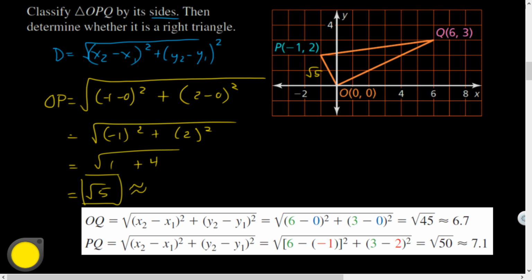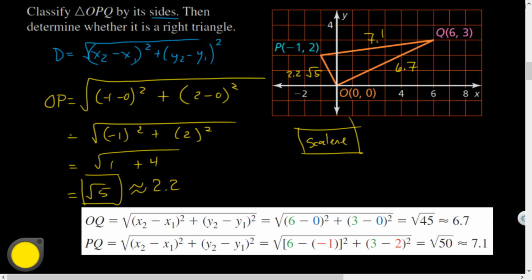So let's see. The square root of 5, by the way, is going to be about 2.2. Then let's see. OQ is 6.7, and this one is 7.1. So what type of triangle is this when classified by its side lengths? Scalene. Yeah. All right. Swish. That's right.